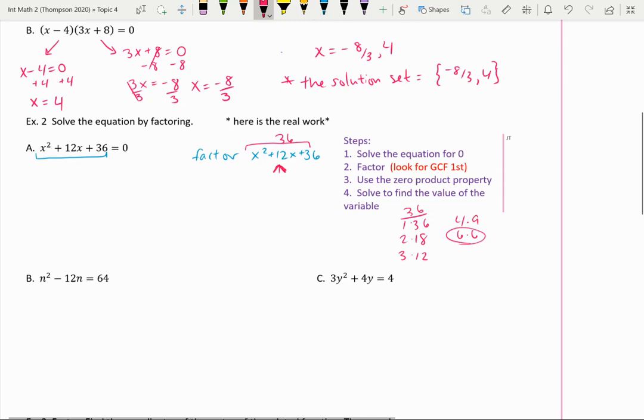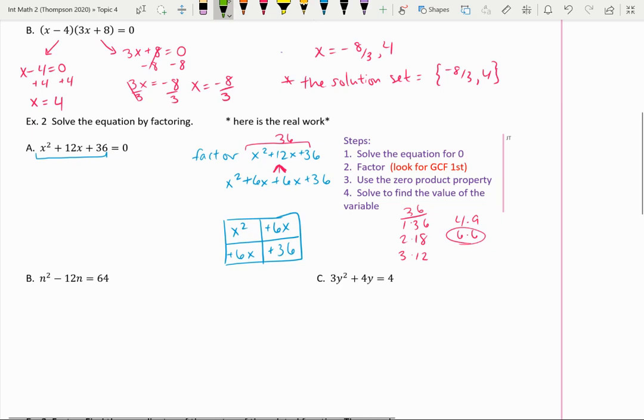So I rewrite. I split this middle term up. And I get x squared plus 6x plus 6x plus 36. And then I'm going to do my factor box with that. So I write all 4 terms in my box, and then I'm going to look for what I can take out of each column and each row.